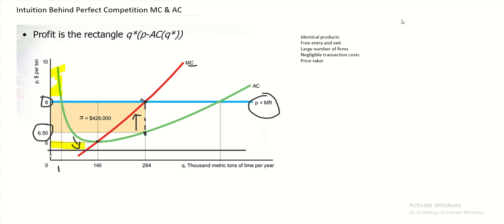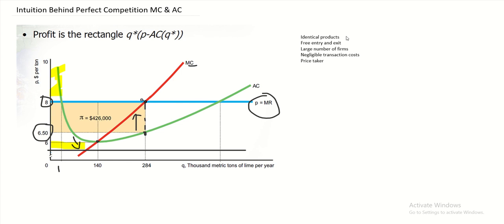So we want to go back to the assumptions and give you guys more examples. We generally assume identical products, meaning that the products are basically the same from different suppliers. That's not true in the real world, but a close enough example would be the apples in a grocery store.